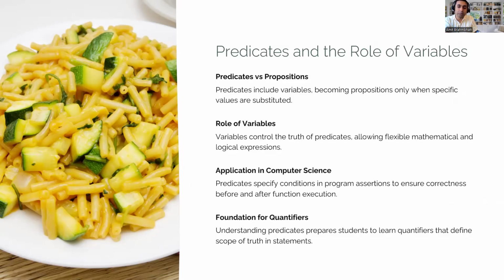Understanding predicates helps students transition from simple logical statements to more powerful expressions involving entire sets of values. This concept prepares the way for quantifiers, which specify how broadly a predicate applies. Mastery of predicates strengthens students' ability to interpret definitions, write precise conditions, and understand formal mathematical language.